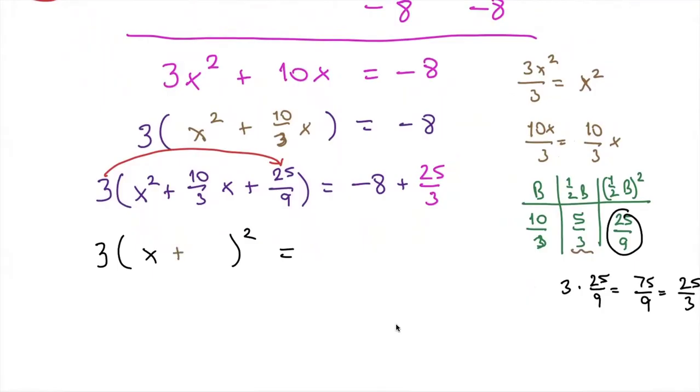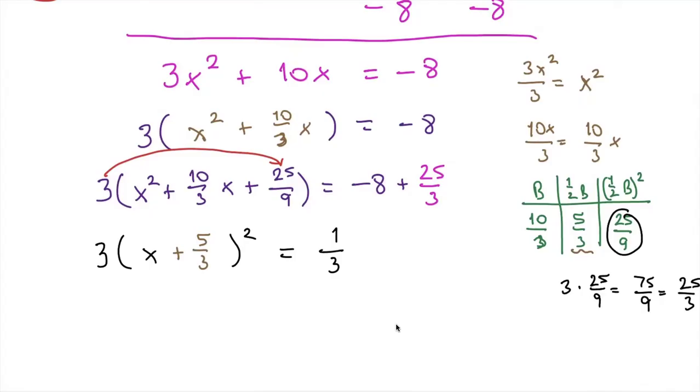So we write plus 5/3, and then equals, and then we need to add -8 to 25/3. I believe that's going to be 1/3. Again, you can use your calculator for that, but I believe it is 1/3 because -8 is -24/3, and -24 plus 25 is +1. So yeah, it's going to be 1/3.